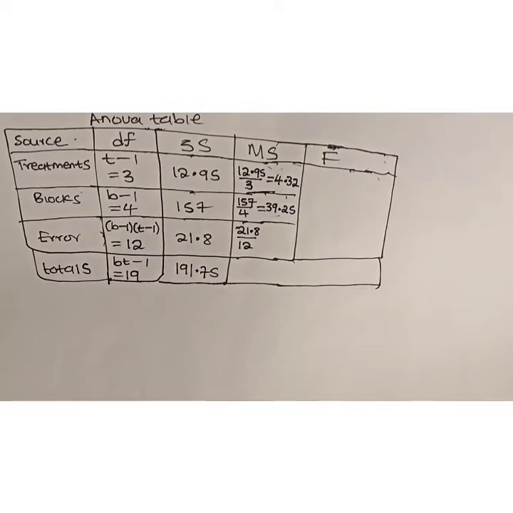Since I'm going to check that the effects of treatment are all equal to 0, or the treatment means are the same, and also to check if blocking was efficient, to check if the effects of the blocks are all equal to 0 or not, I have two F calculated values.